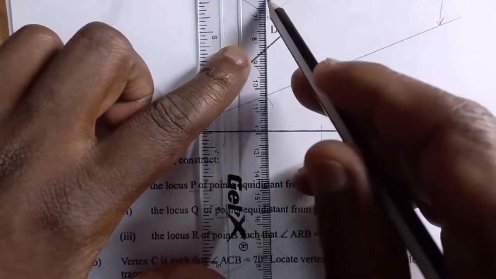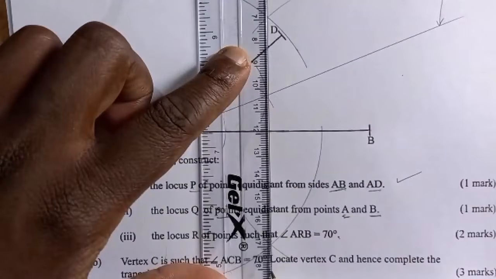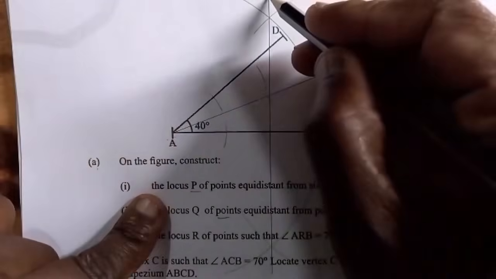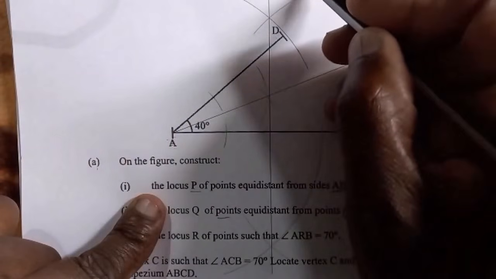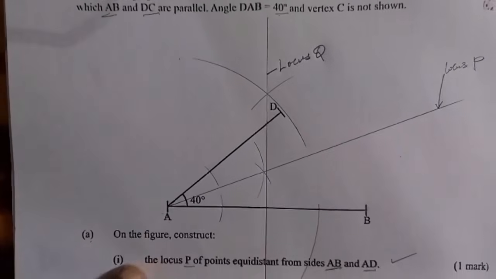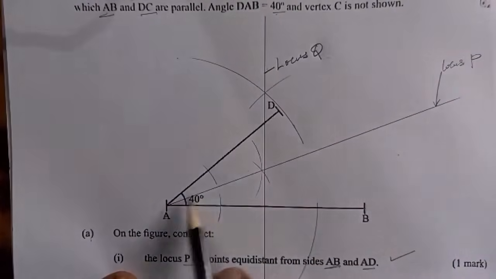That is the locus Q. So here we have the locus Q and the locus P is here.